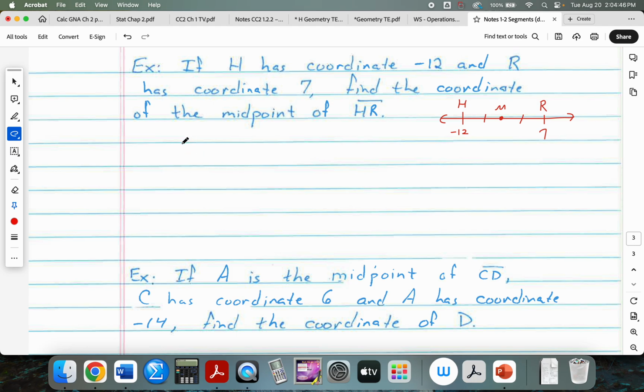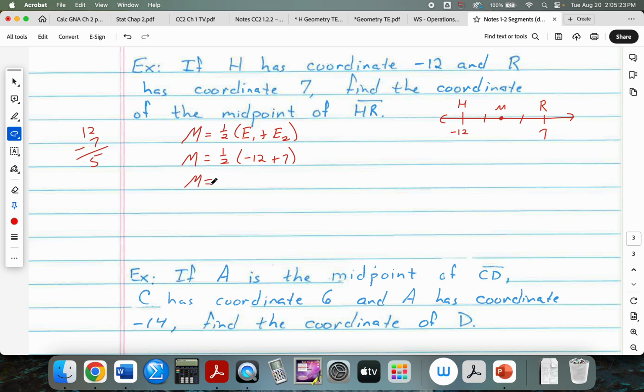So I'm going to use the formula. The midpoint is half of endpoint 1 plus endpoint 2. So the midpoint is going to be equal to half of -12 plus 7. When I'm adding two numbers together and one's positive and one's negative, I take the difference, 12 minus 7, which is 5.